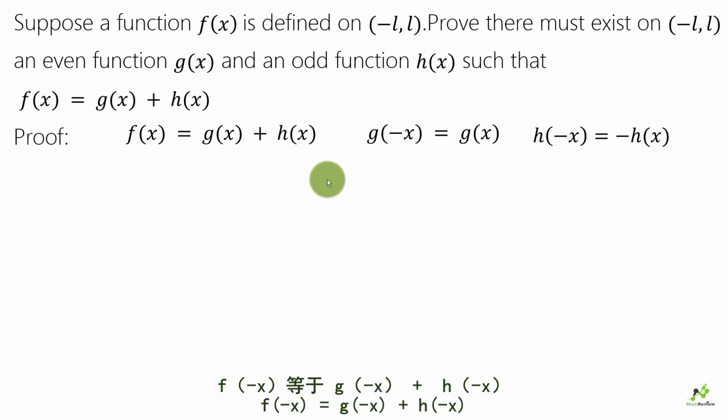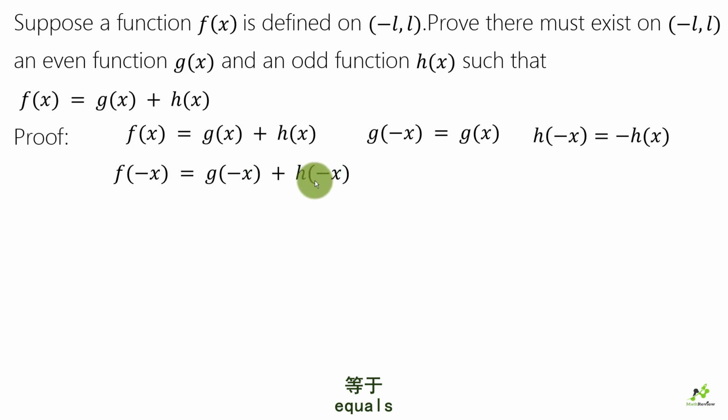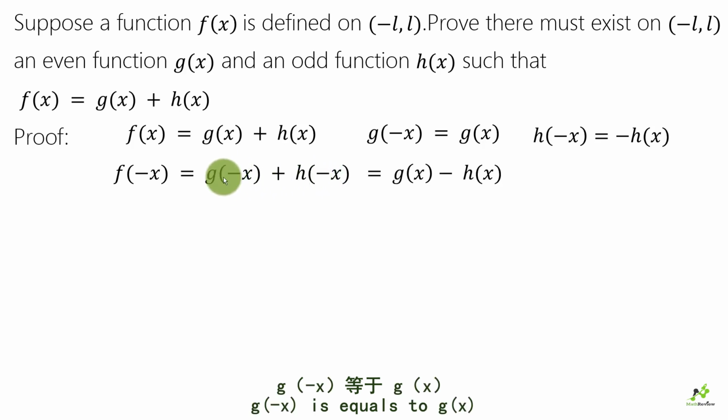f of -x equals g of -x plus h of -x, where g of -x is equal to g of x, and h of -x equals -h of x.